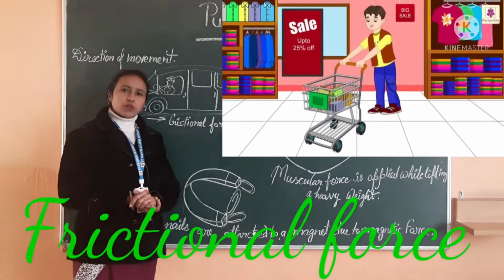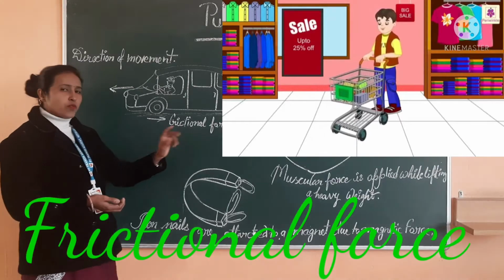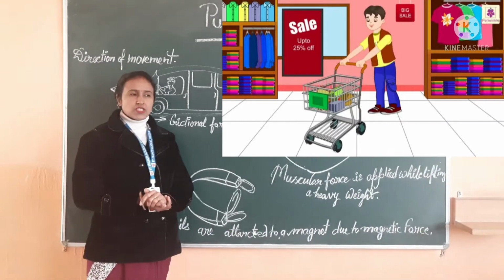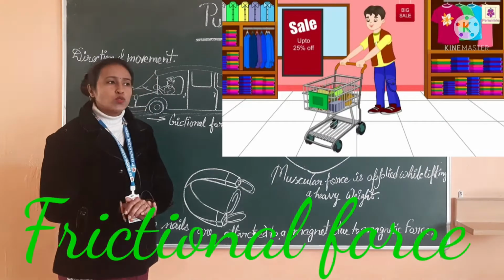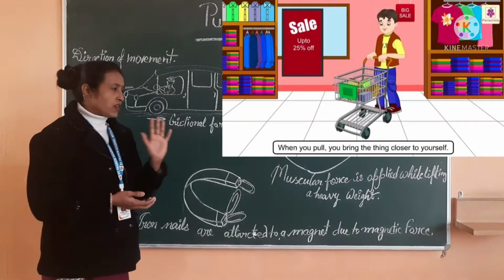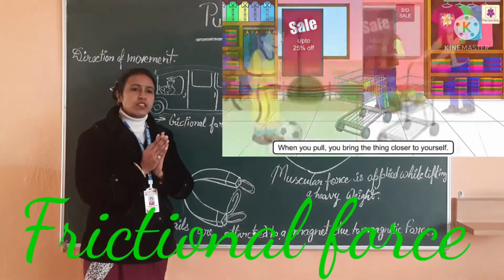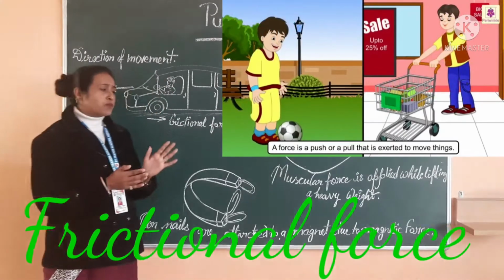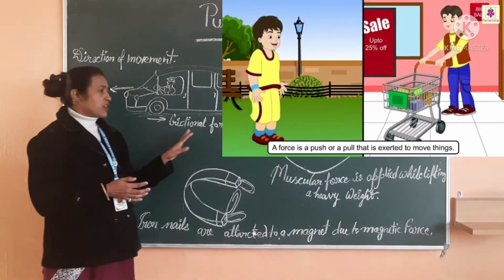All this happens because of the frictional force. Frictional force occurs when two objects rub against each other or come in contact.